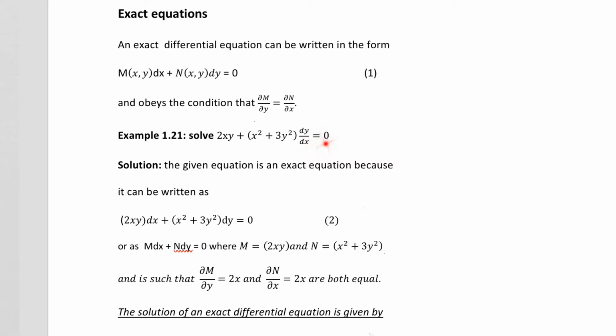This is a given equation. Now we can rewrite this equation as this equation that meets this requirement, and the second requirement is that we should be able to find partial M by partial y as equal to partial N by partial x, which is indeed the case in this given differential equation, because partial M by partial y comes out to be 2x, and also partial N by partial x comes out to be 2x.